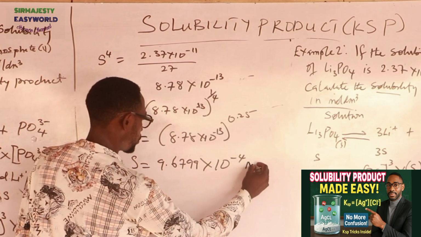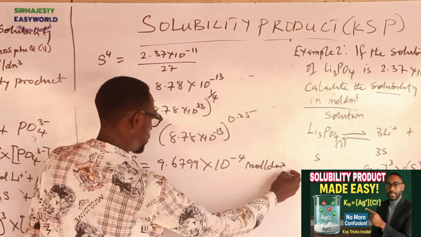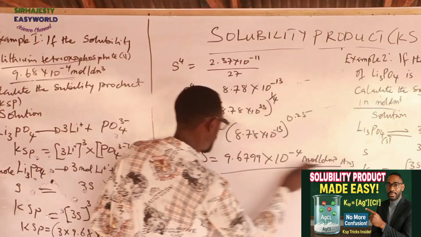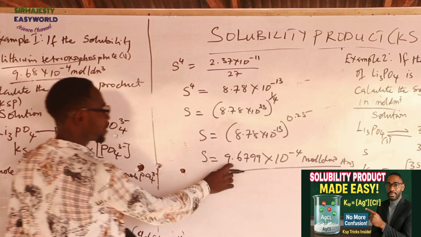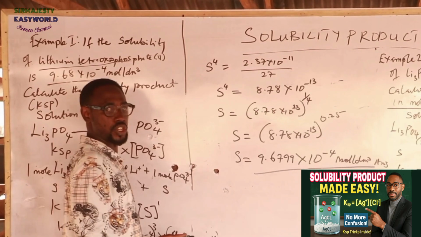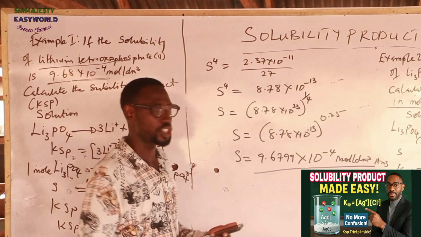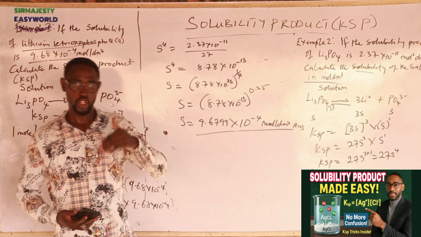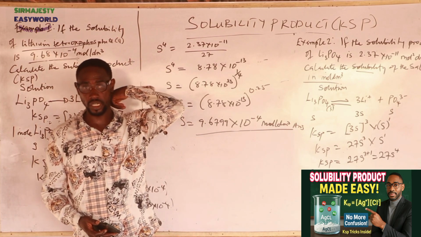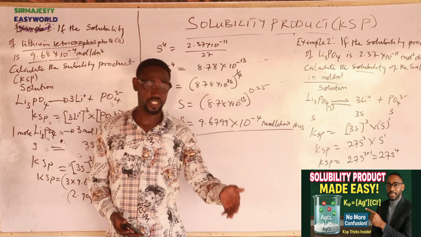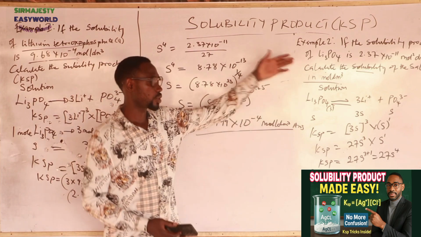So mole per dm cube. See, we have gone back, it is exactly the same thing. If you approximate, it becomes 9.68. So it means that this method is working, on how to calculate solubility product if you are given solubility in mole per dm cube, and how to calculate your solubility if you are given solubility product.